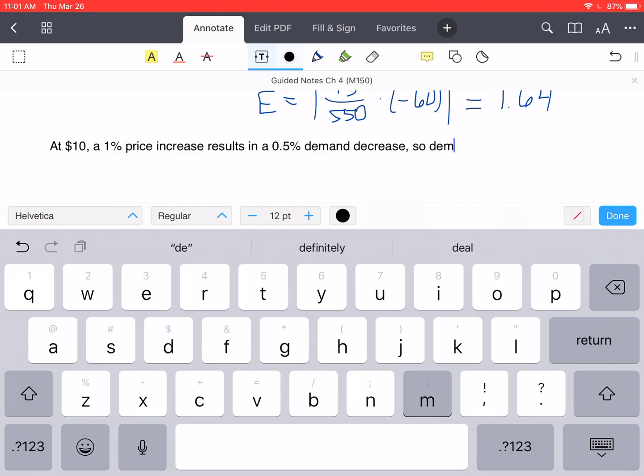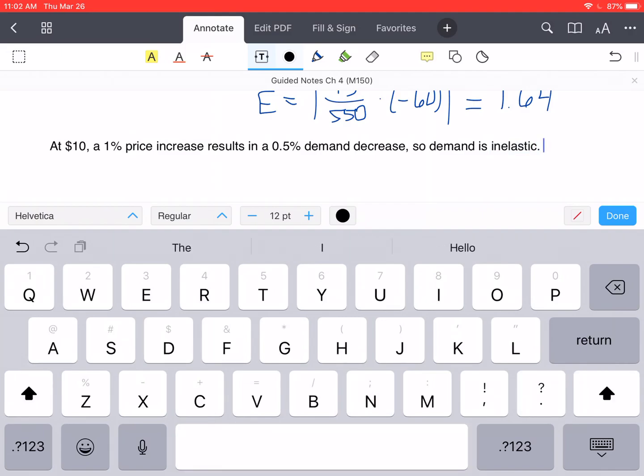So demand is inelastic. Okay, and again, that would be because the value was less than 1. Okay, so we got E was 0.5 or 1/2. So we have a 1% price increase results in a 0.5% demand decrease.